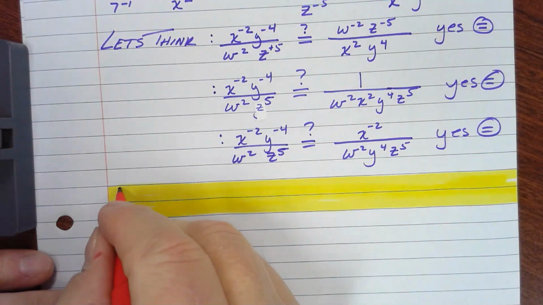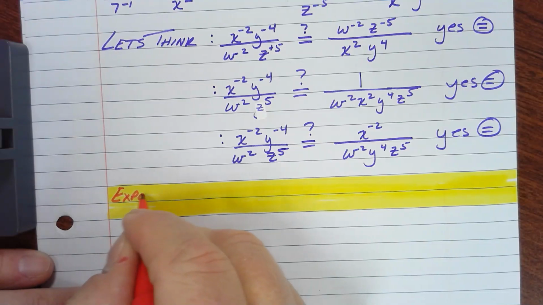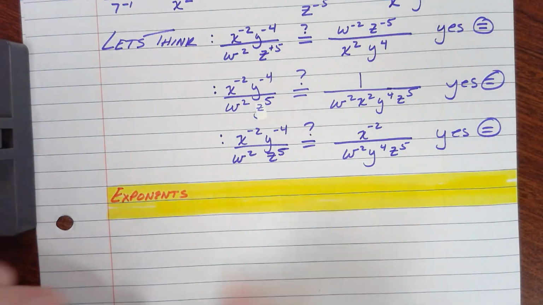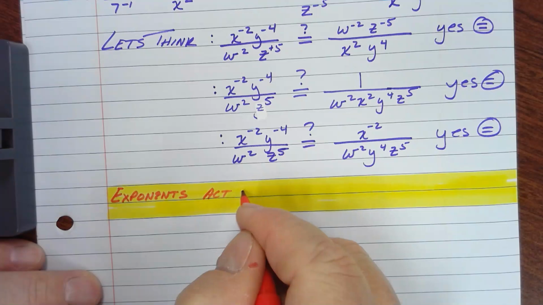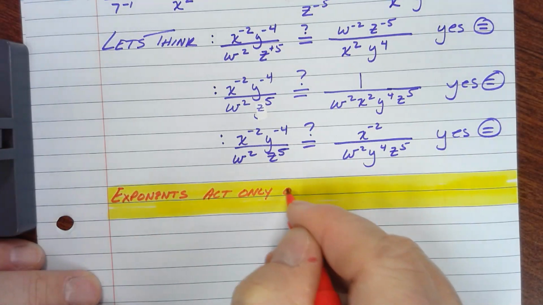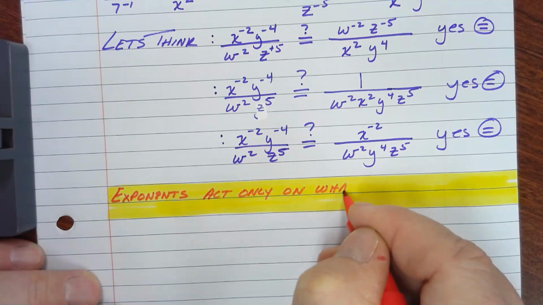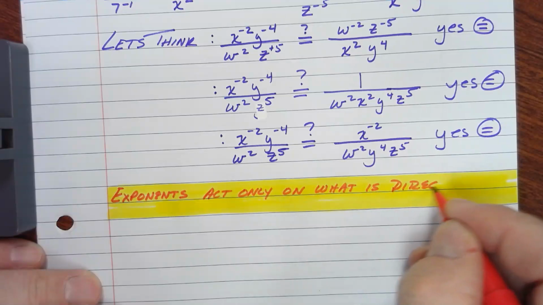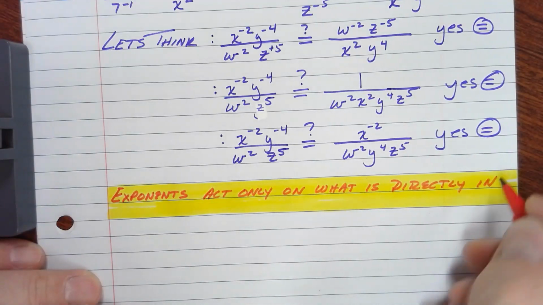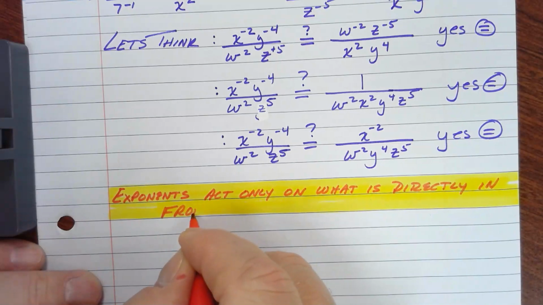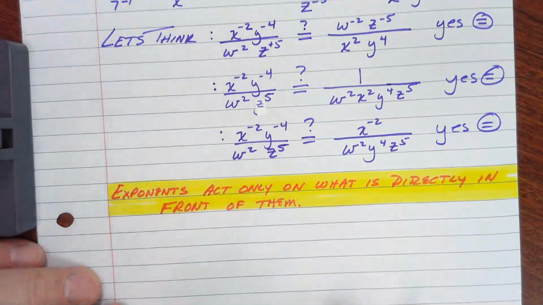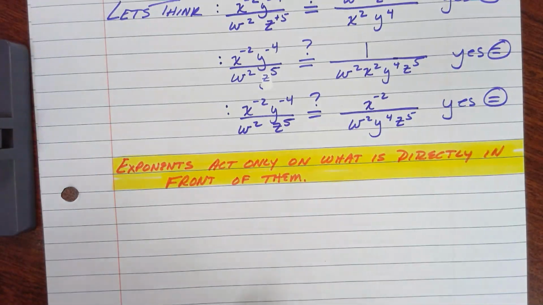And that is this: exponents act only on what is directly in front of them. Exponents act on what is directly in front of them.